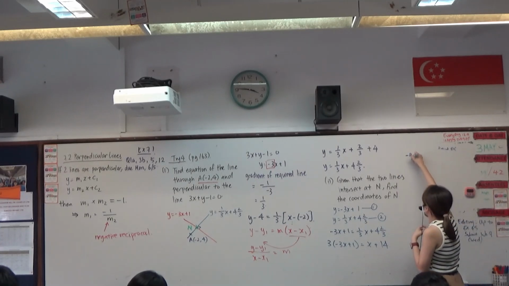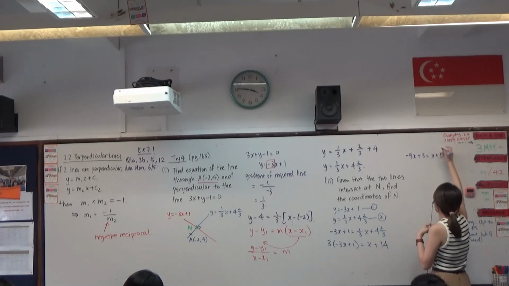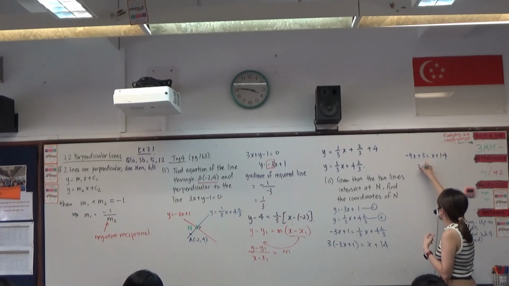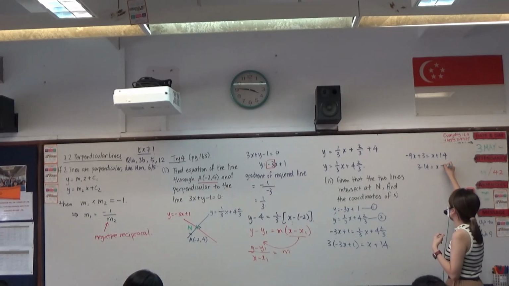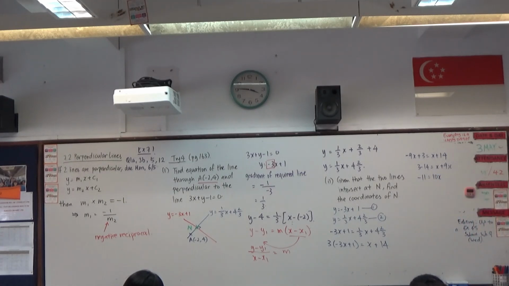Alright? Then I'll get negative 9x plus 3 equals x plus 14. So 3 minus 14 equals x plus 9x. So we get 10x equals negative 11.